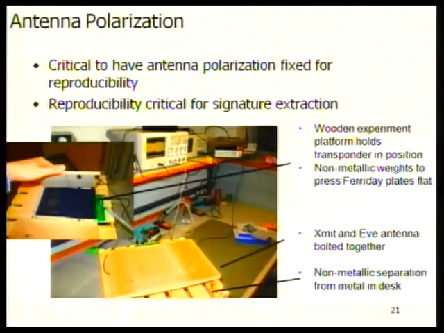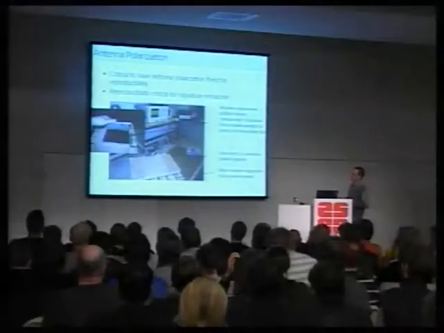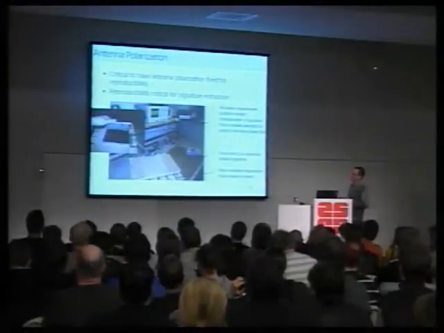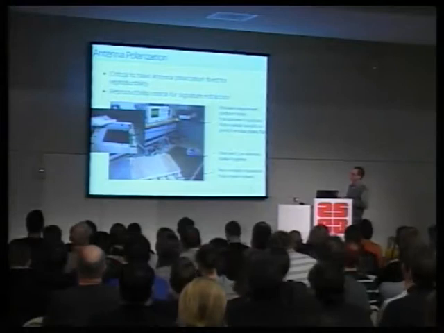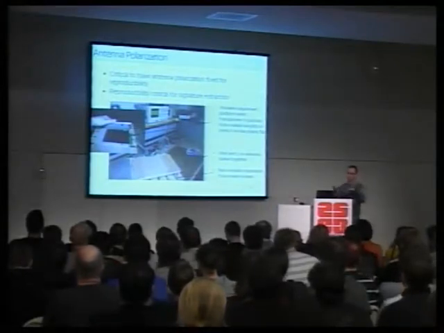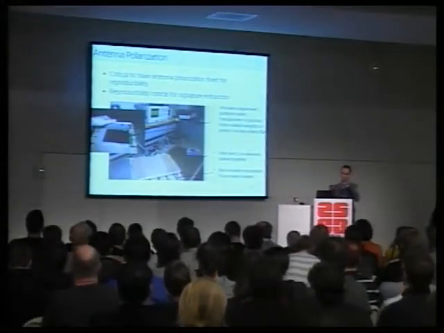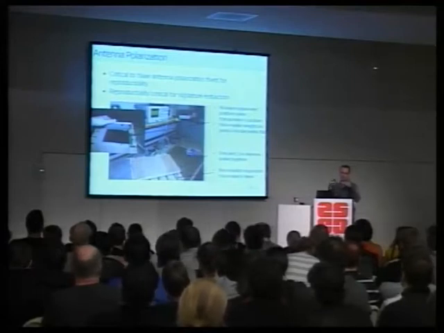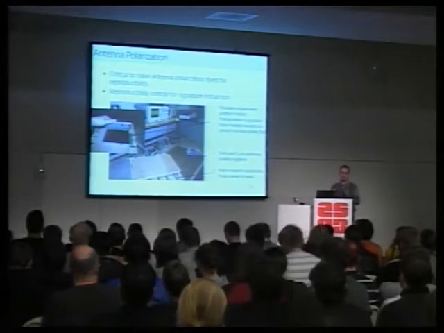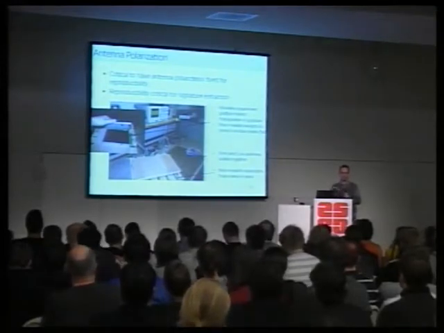Some things that he had to really take care of was to make everything completely stable, so that we don't have any antenna differences or whatsoever. So we built this kind of a wooden device, fixed, so that every time we put an RFID transponder, it has exactly the same conditions, and we don't introduce any signature due to different positioning or antenna polarization.